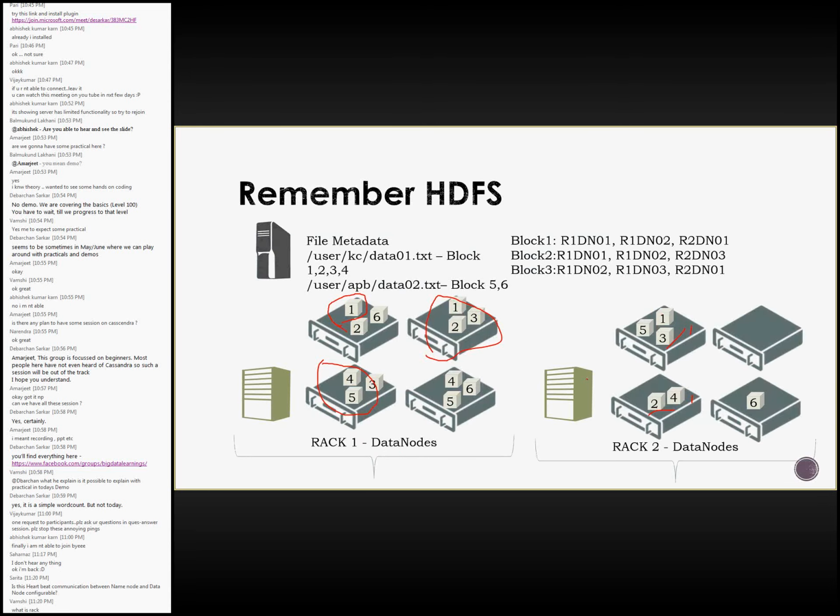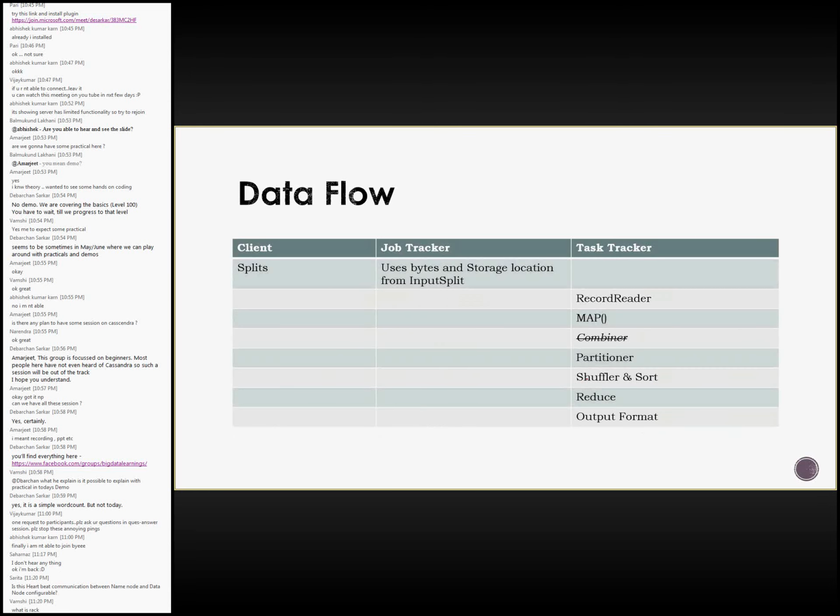Now, we have been building this up. Initially, I just gave you an analogy. Next, we broke that up into word count, and then I introduced you to the MapReduce phases. When the MapReduce phases get executed, and who executes them, are nothing but the job trackers and the task trackers.